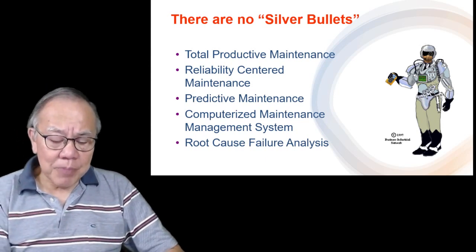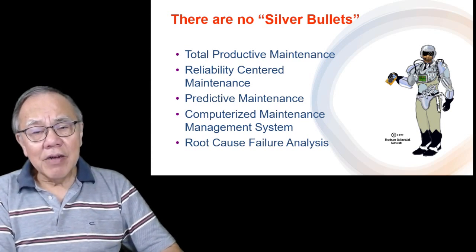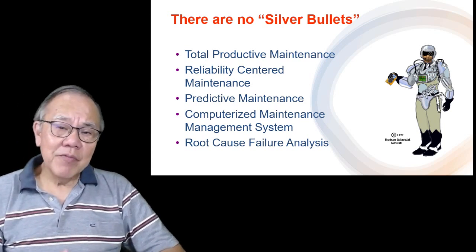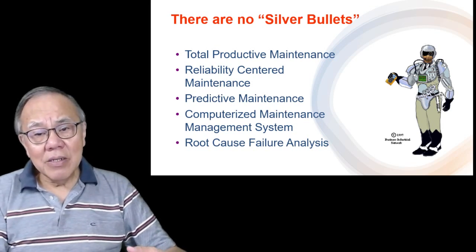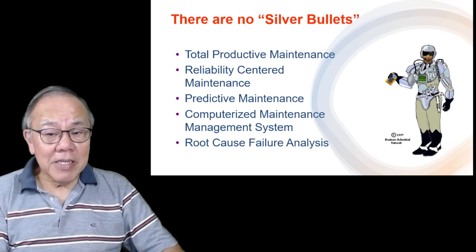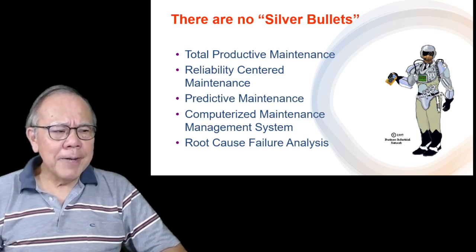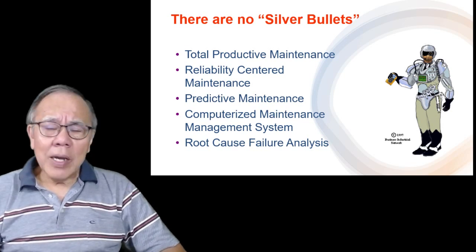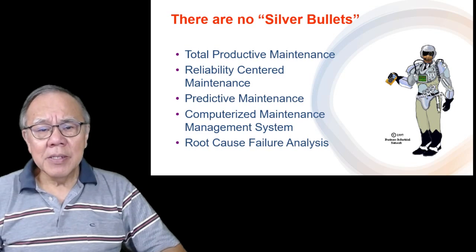TPM, total productive maintenance, is another category of topics that we want to deal with sometime in future. And then, of course, there is reliability centered maintenance. Reliability centered maintenance is quite a complex maintenance system.